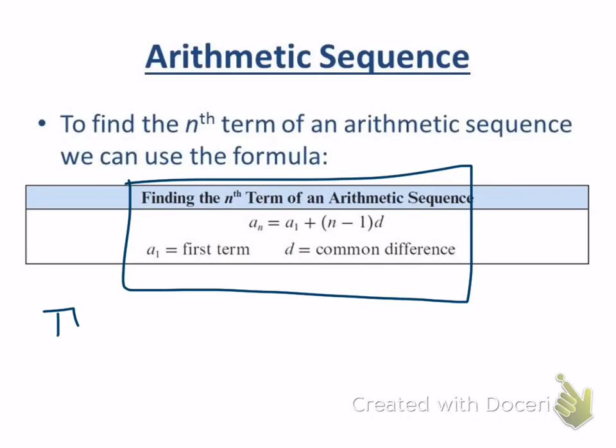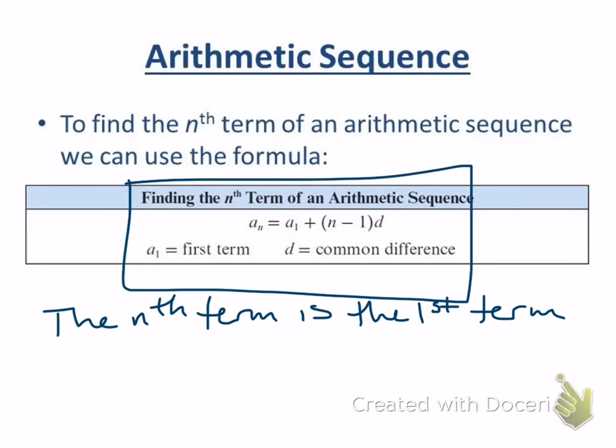A sub n represents the nth term. The nth term is, there's my equal sign. What's a sub 1 represent? The first term plus n minus 1 times, what is d? The common difference.